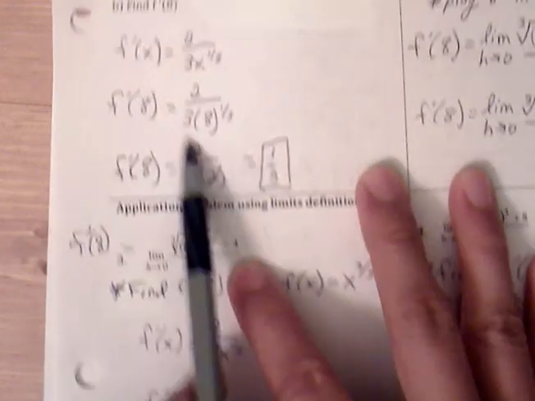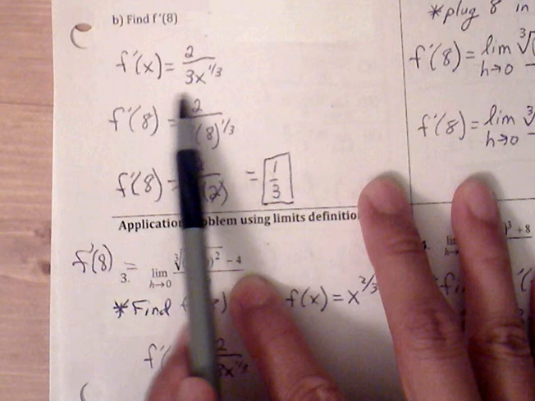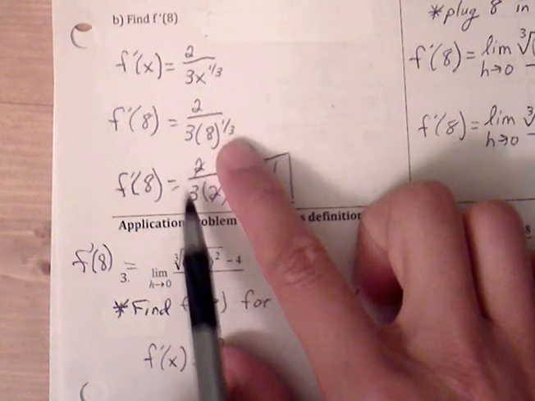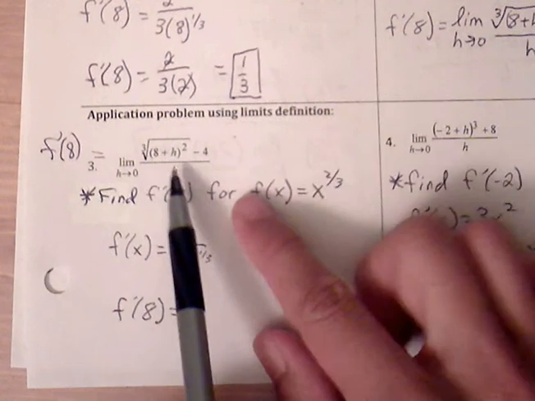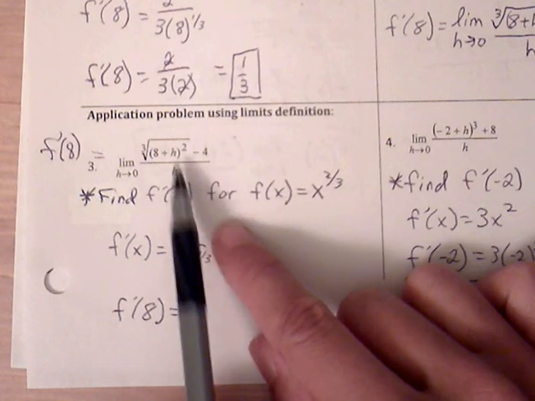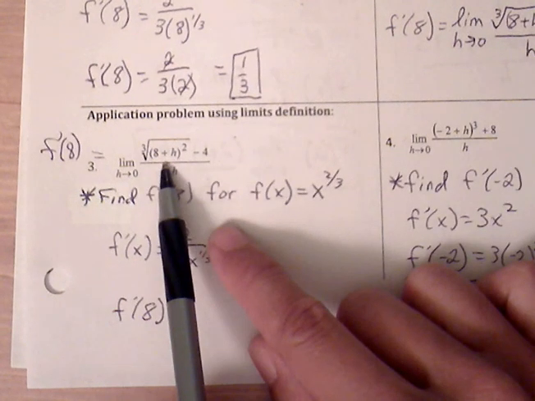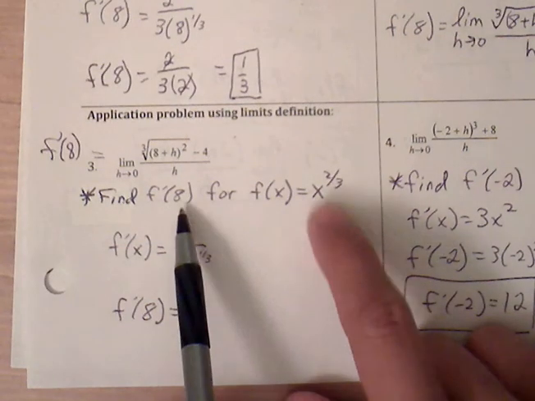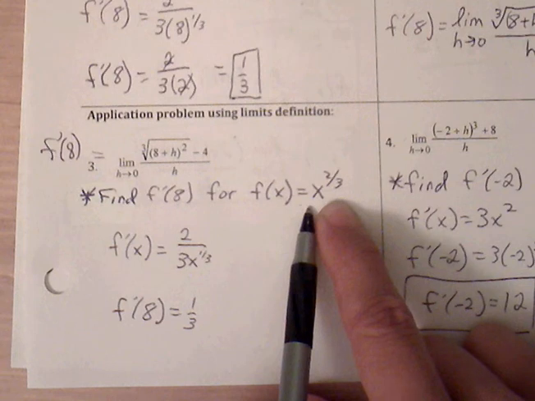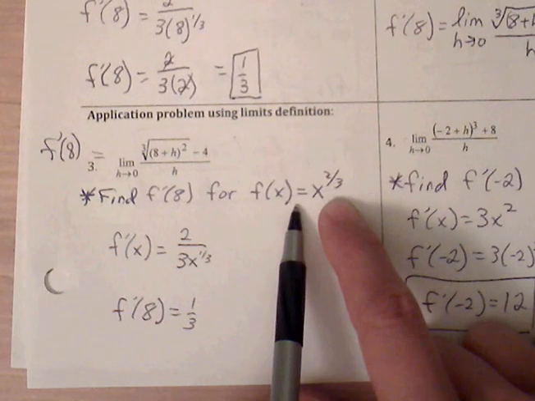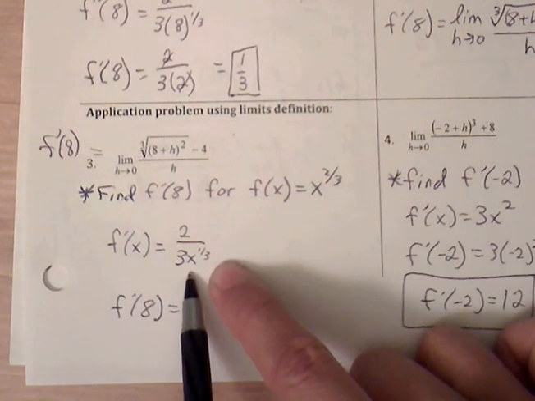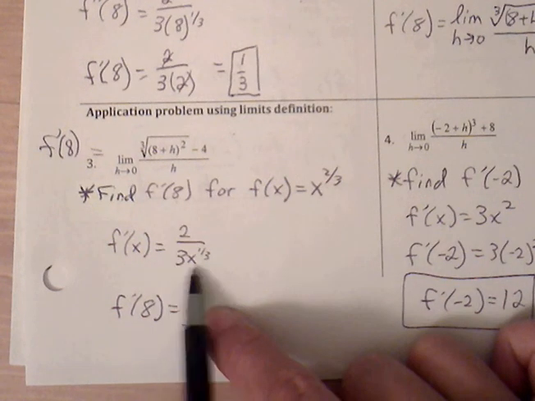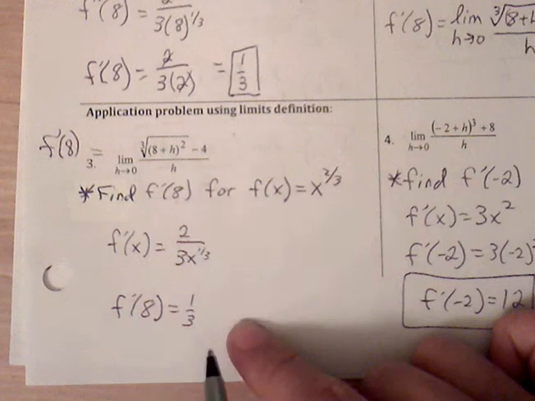So just like over here, if you saw this term here, this is basically plugging 8 in for the x. So it's asking us to find f prime of 8. So f prime of 8 for x to the 2/3 is simply finding the derivative for x to the 2/3, which is 2/3 x to the negative 1/3, or 2 over 3 x to the 1/3, and then plugging in the 8. So that's going to get us the same thing that we did here, 1/3.